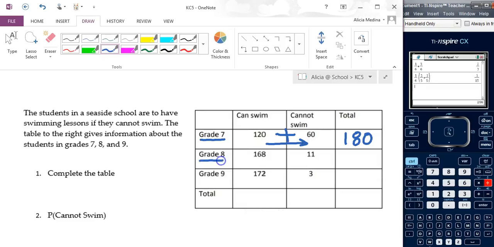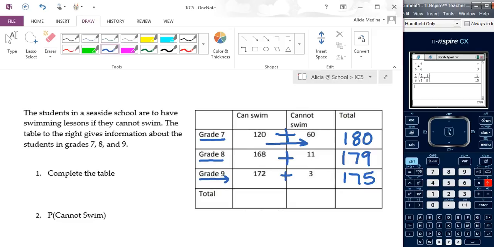So my 8th graders, I'm going to add the people that can swim and cannot swim. So 168 plus 11 would be 179. All right. Lastly, I have my 9th graders, and I want to add 172 plus 3. So that's going to give me a total of 175.